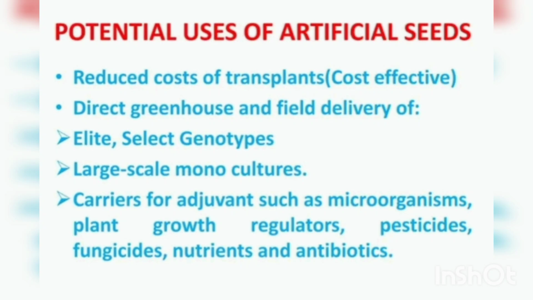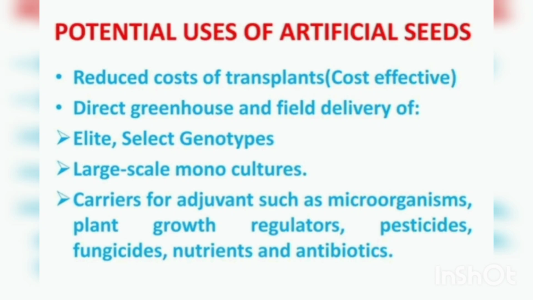Now the next thing is the potential use of artificial seeds. We have already discussed this earlier, because we can transfer them to greenhouses and the field. The cost of production of the seeds is very low. New plants with elite characters can be produced. Selective genotypes can be produced.